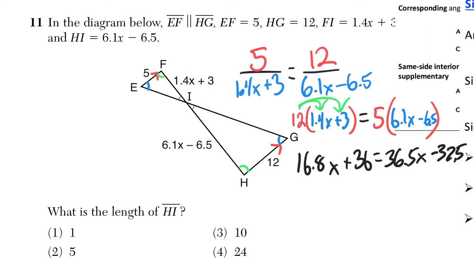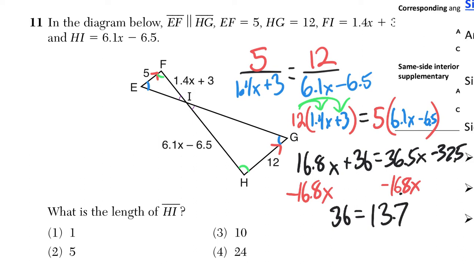So let's subtract 16.8x from both sides. And when we do, we're going to have 36 equals 36.5x minus 16.8x, which will give us 13.7x, minus 32.5. And we always got to do the opposite.